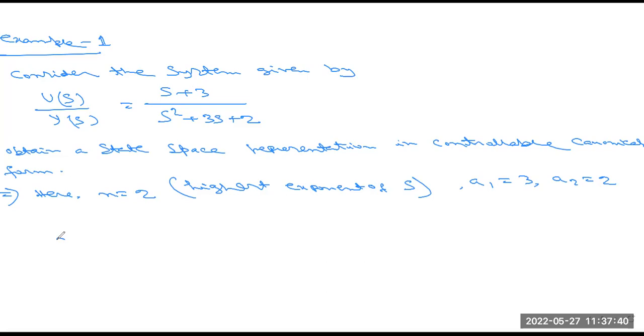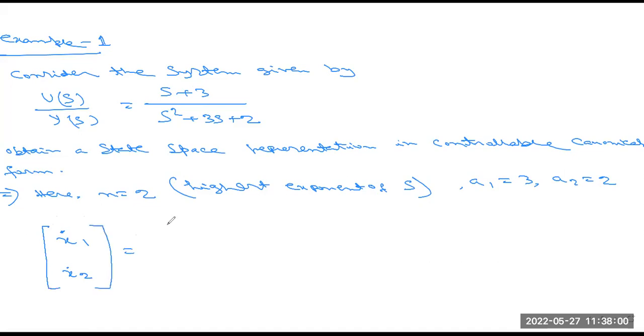You know that is x1 dot. ऐसे भी हम लोग लिख सकते हैं, डॉट देके भी लिख सकते हैं और कहीं पे डैश देके भी लिख सकते हैं. सो दिस आर सेम चीज. So x dot 1 and x dot 2, two state variables.